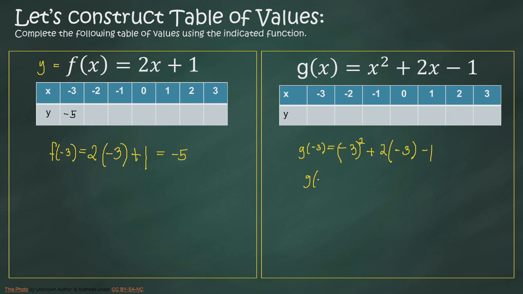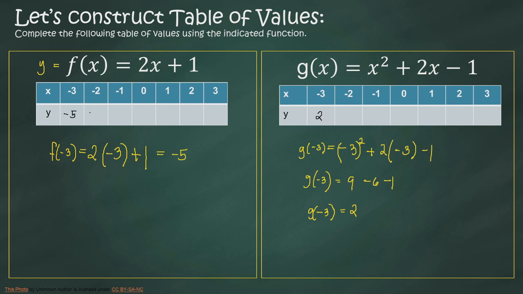So g of negative 3, that will be, this one is 9. And 2 times negative 3, that will be negative 6. And then minus 1. So our g of negative 3 is equal to positive 2. So our y value, if x is negative 3, that will be 2.